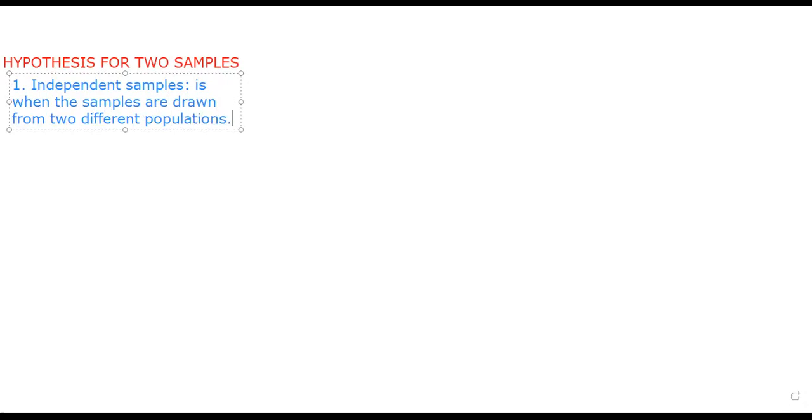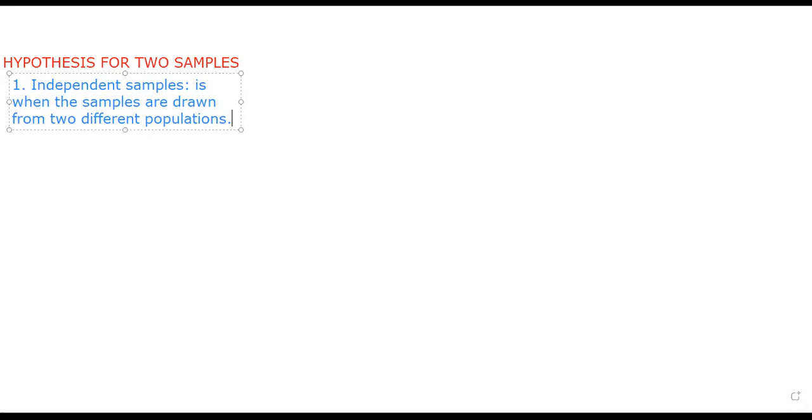So let's say you want to test a particular claim between two different populations. You can say accounting students in Legon, that's one, and accounting students in, let's say, UCC. You want to test a particular assumption, so you pick your samples.